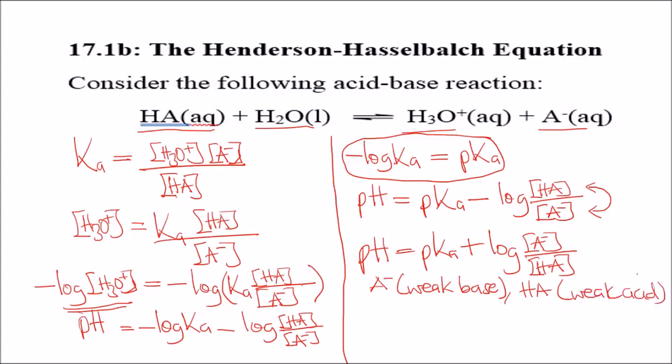So in general, this equation can be given as pH is equal to pKa plus log the concentration of the weak base divided by the concentration of the weak acid.